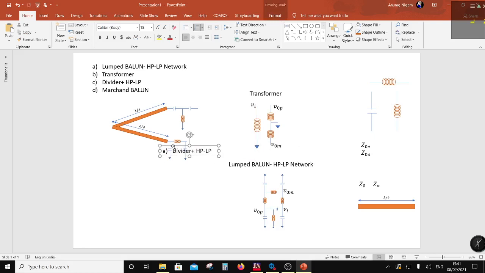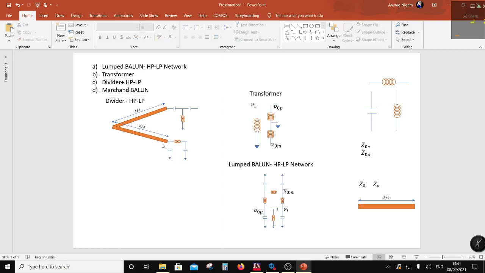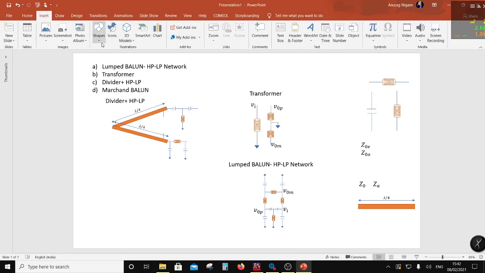And let me also put here a resistance because this is a Wilkinson divider, right? So this is a high pass low pass network, and this is a Wilkinson divider. So in between you would have a resistance. So let me very quickly do this shape.